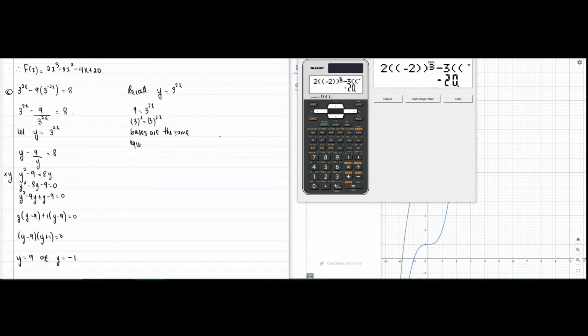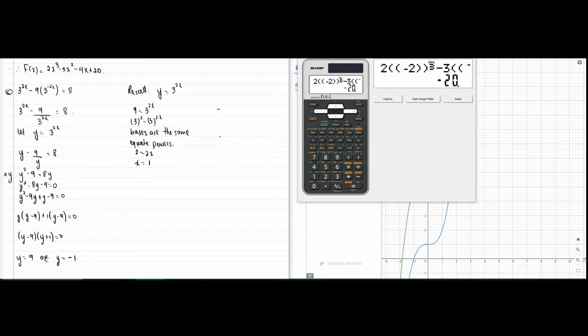Equate powers. So I get 2 is equal to 2x, and x is equal to 1.